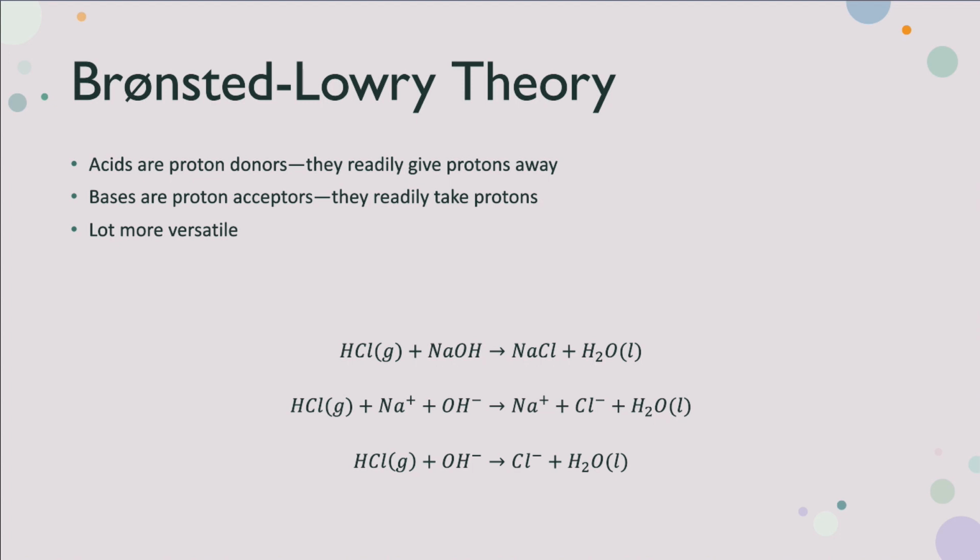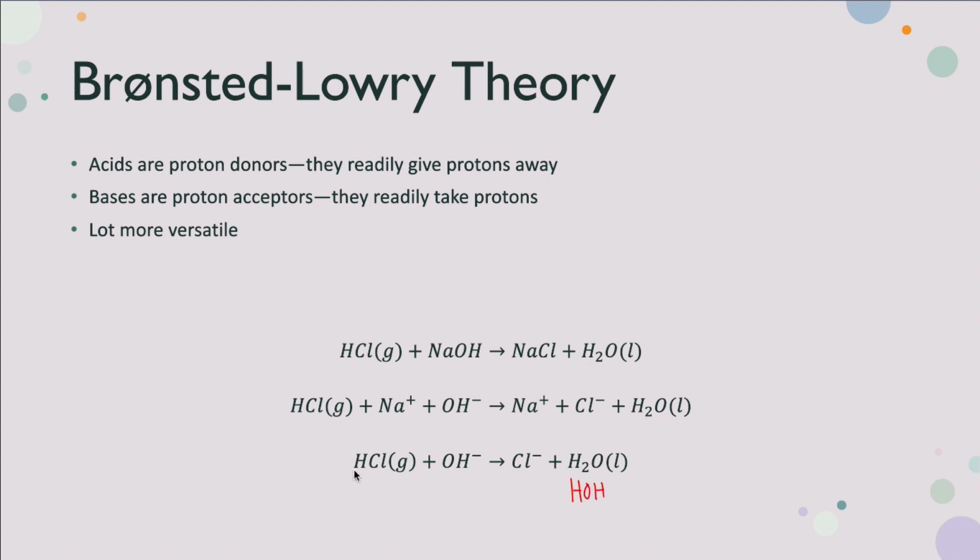And we can see that there was an HCl on this side, but that HCl became just Cl minus. Now, where did that H plus go? Well, that H plus went to the OH minus. Remember, H2O is the same thing as HOH.